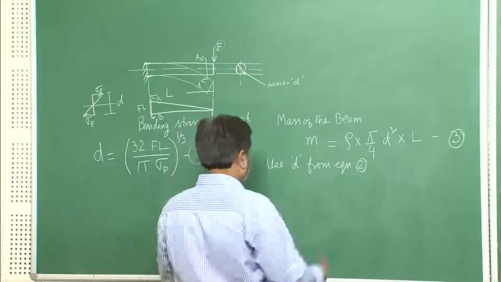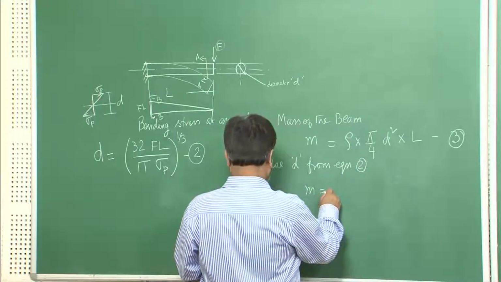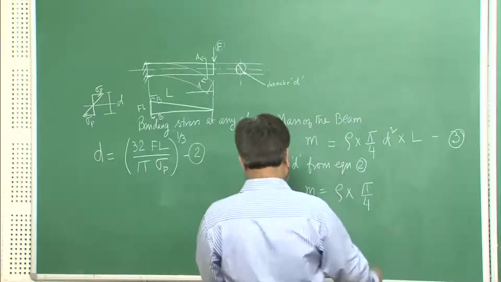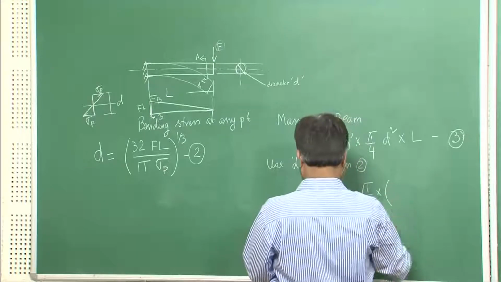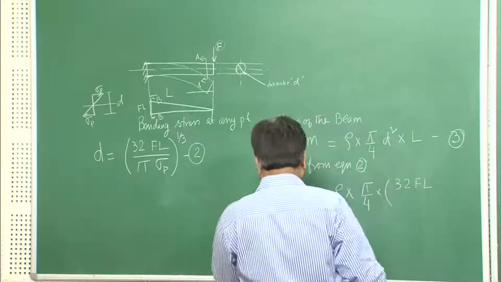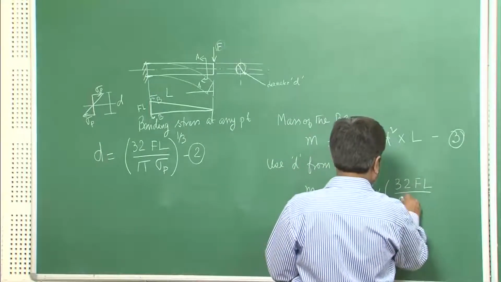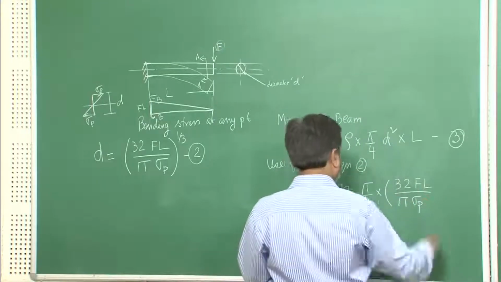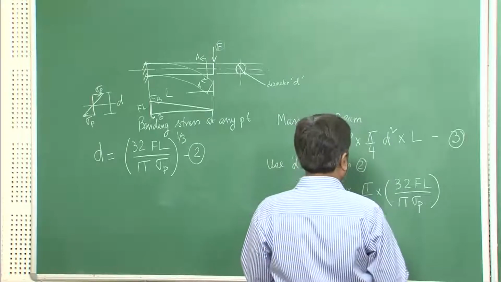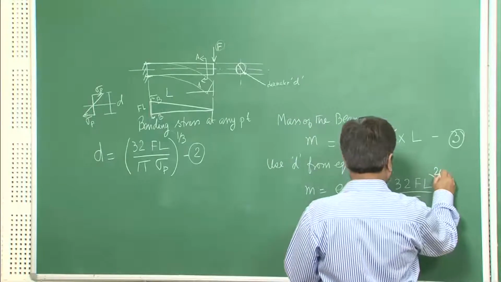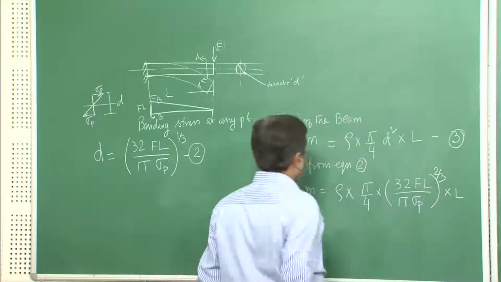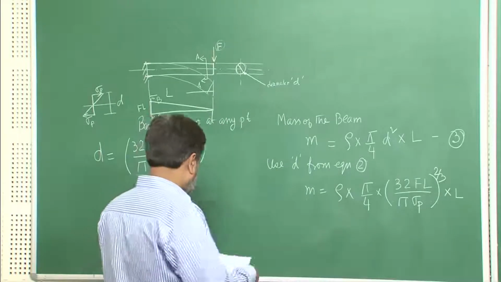If I use it here, then my m will be rho times pi by 4 times 32 FL by pi sigma peak, to the power 1/3 for d, so it is 2/3 for d square, times L. That is the mass of the system.